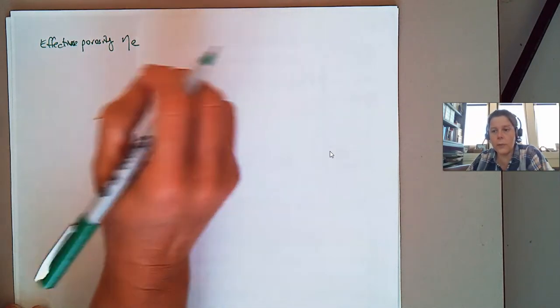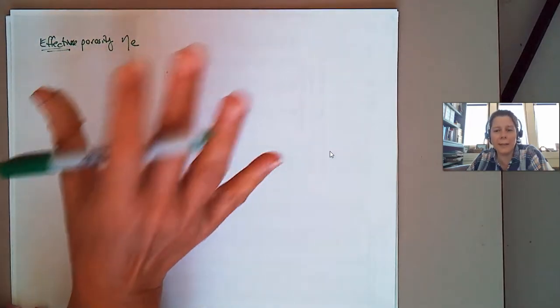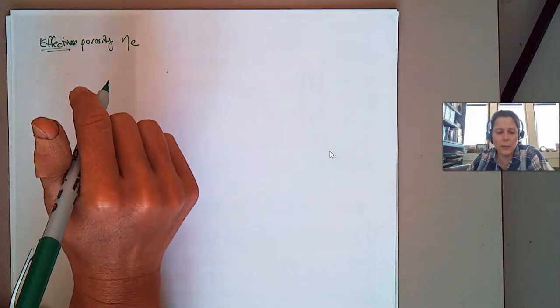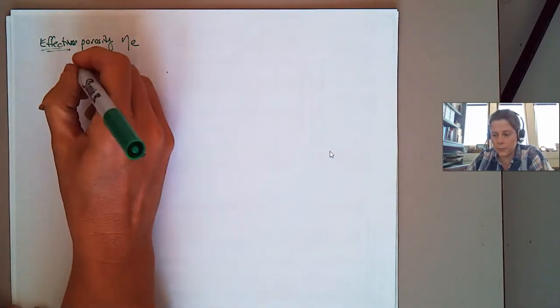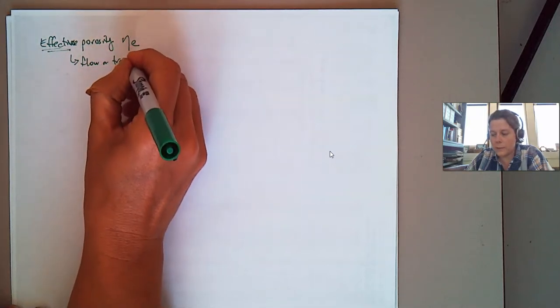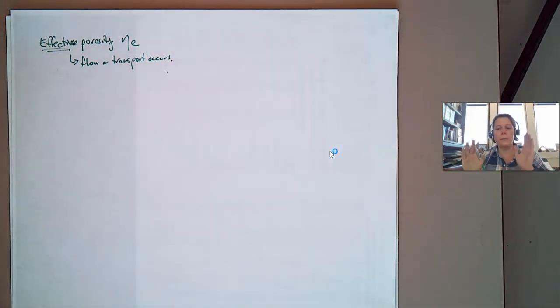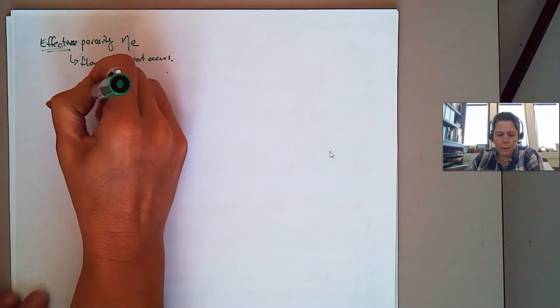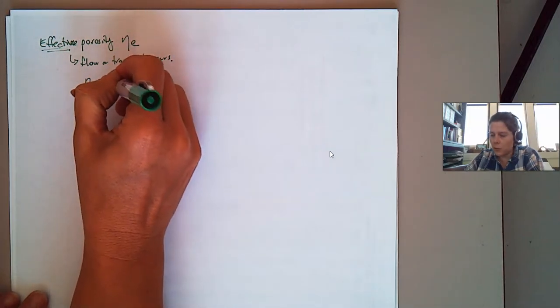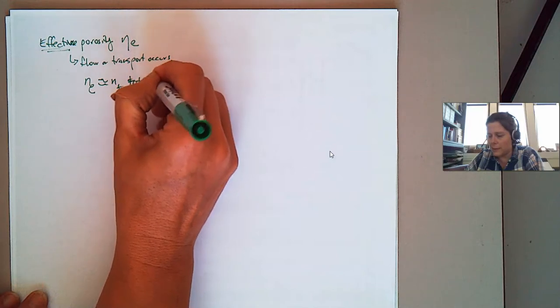Notice I said the word effective, and this is where the flow or transport occurs. Because of this, in granular soils, so in most soils, the effective porosity basically equals the total porosity.